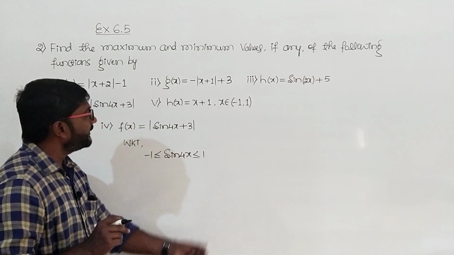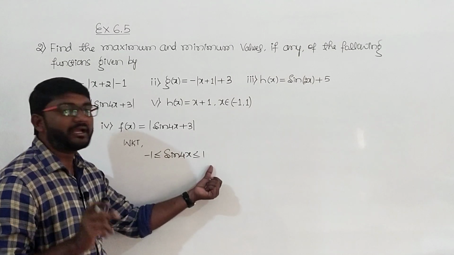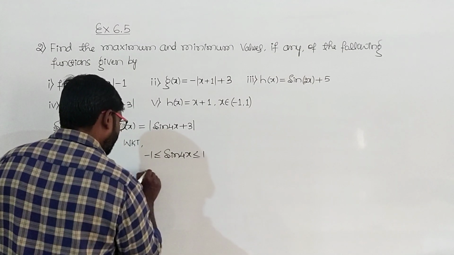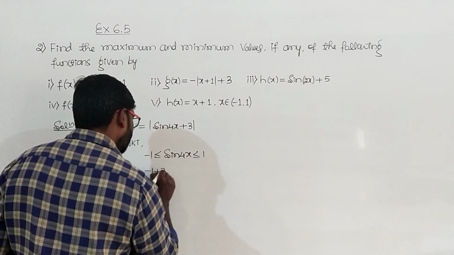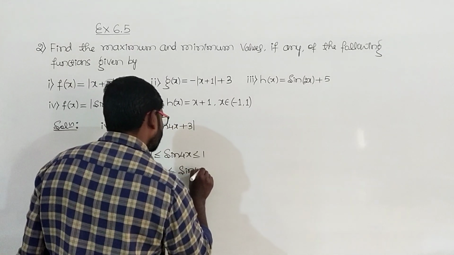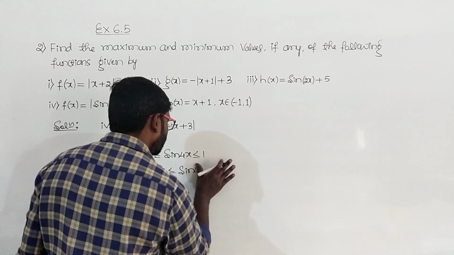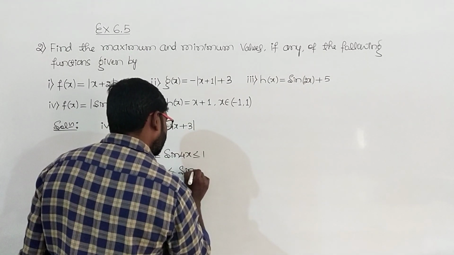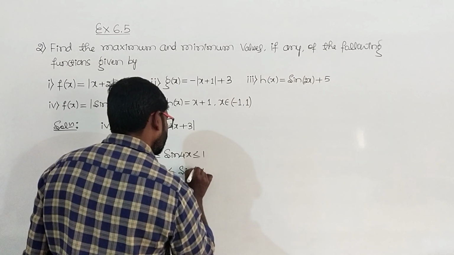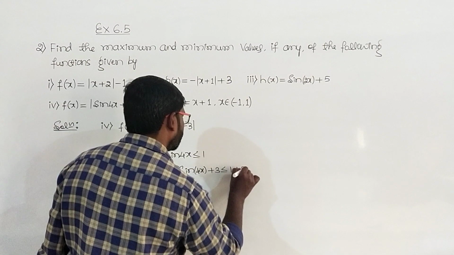So here we need sin 4x plus 3. That means for every term we have to add 3. So minus 1 plus 3 is less than or equal to sin 4x plus 3, where 3 is a separate term, which is less than or equal to 1 plus 3.